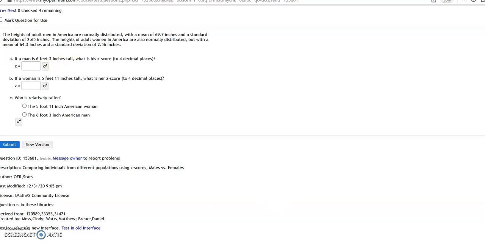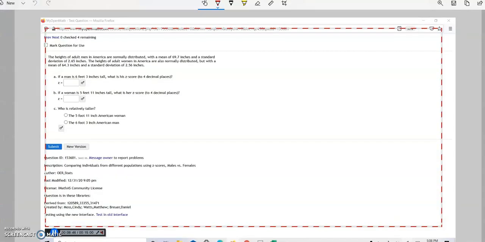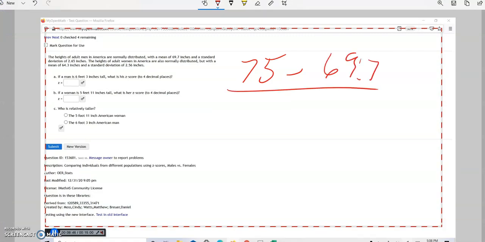So let me just go ahead and snip this. So this would be 75 minus 69.7, divided by 2.65, okay? And then there's your z-score. And then the woman is 5'11", all right? Oh, I'm glad this came up. There's one more thing I want to mention.